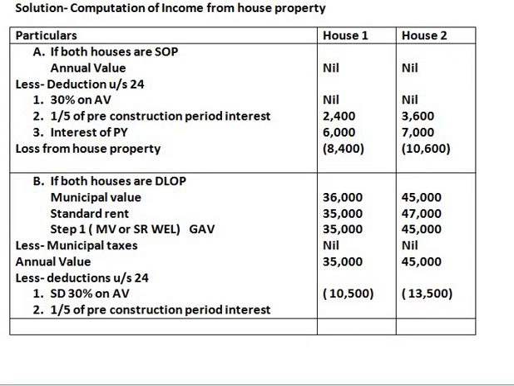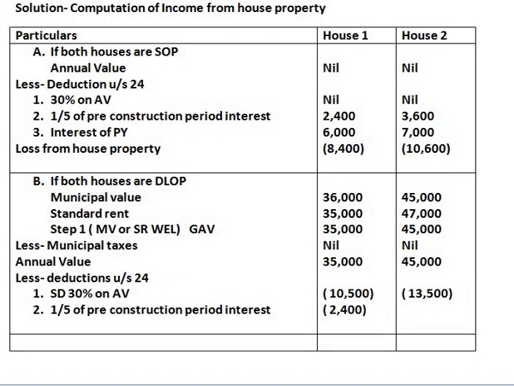So 1/5 of 12,000 is 2,400 for house 1. As we are going to deduct it, we will show it in the bracket, 2,400. And the deduction, that is 1/5 of pre-construction period interest for house 2, is 3,600.